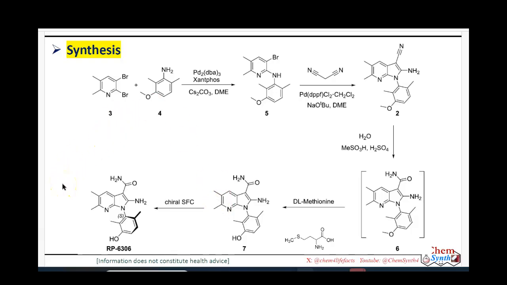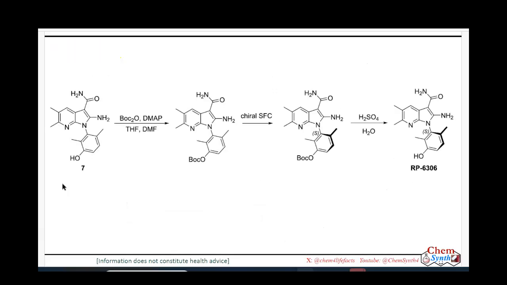That's why they have done some modification, like after getting compound 7, that phenolic intermediate, they have performed Boc protection reaction using Boc anhydride in presence of DMAP as the catalyst. Now this intermediate had better solubility.